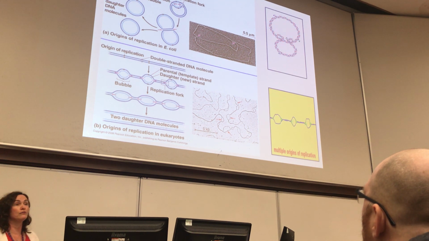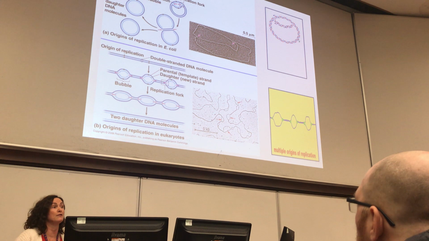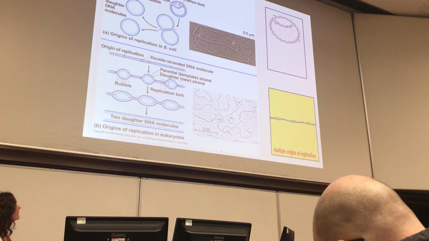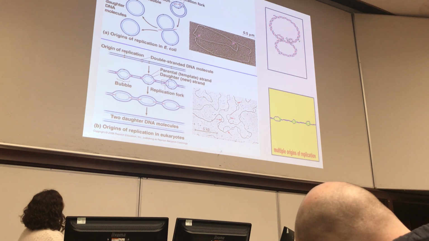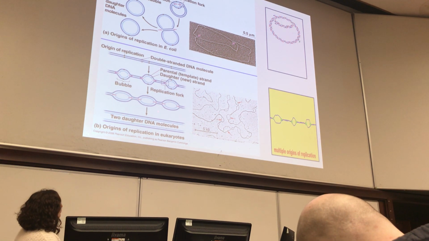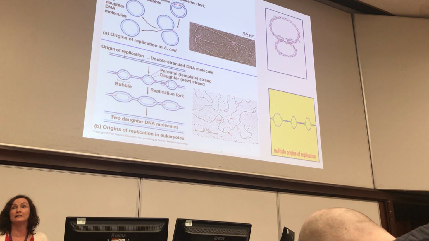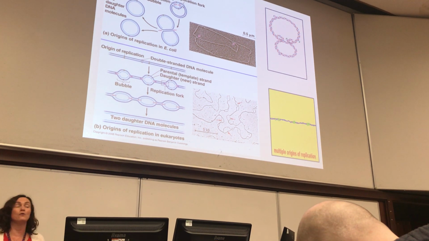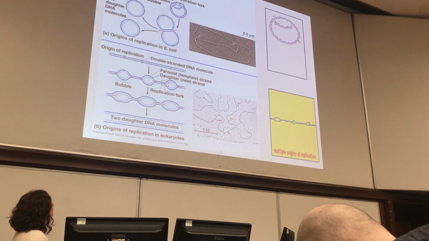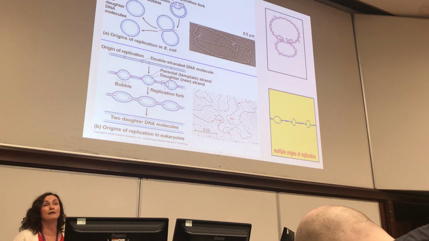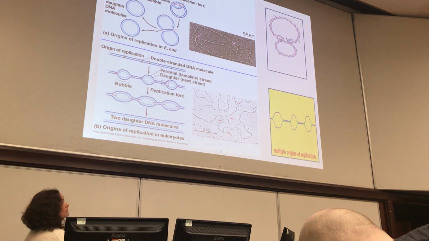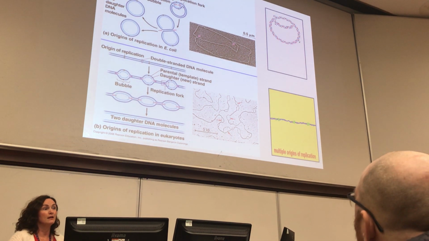So it's been hypothesized as well that the rate of replication in prokaryotes occurs at around 1,000 nucleotides a second. And for eukaryotes, it's only 50 nucleotides a second. So the argument for us having a slower replication is to ensure that we have great accuracy and fidelity of the DNA that's being replicated.